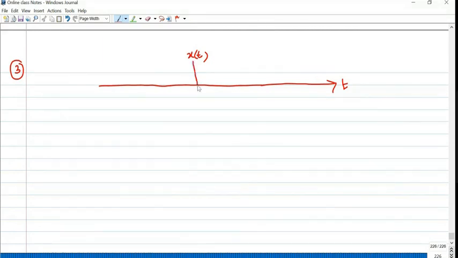T versus x of t. So what is the signal given to you? Minus tau by 2 to tau by 2. Okay. Magnitude is 1. Then some gap, 0. Here nothing is mentioned.